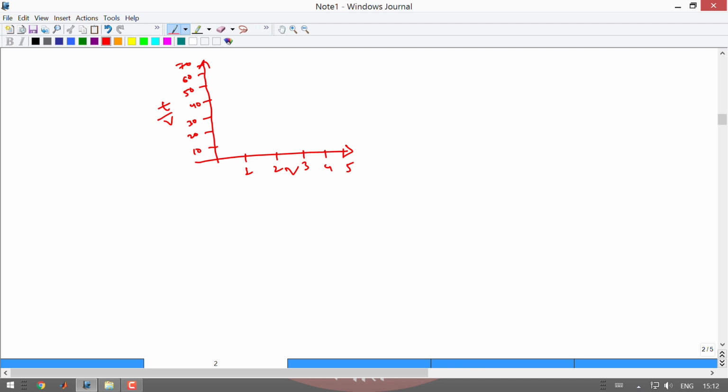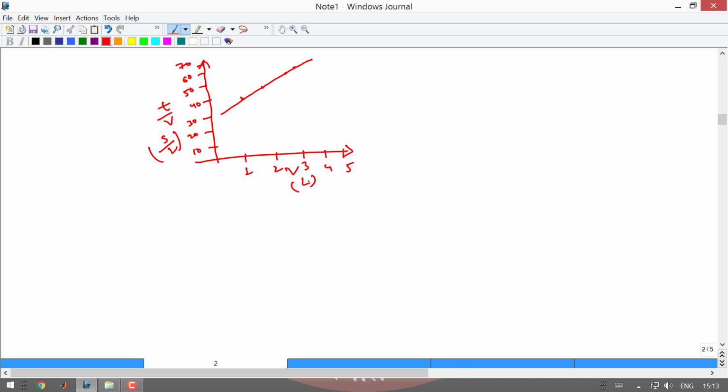If you plot this T by V versus V, it will give you a straight line. The unit is second per liter, and this volume is in liter. Later, after getting the intercept and slope, I will convert into the same foot-pound unit system.